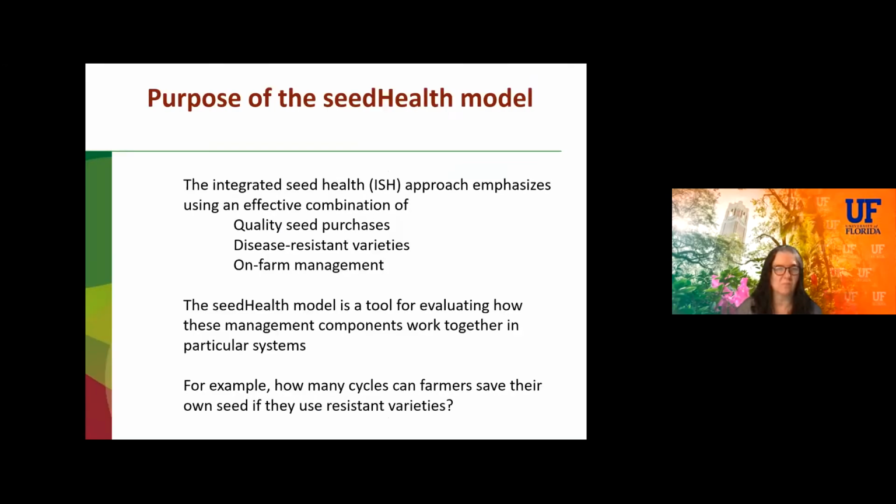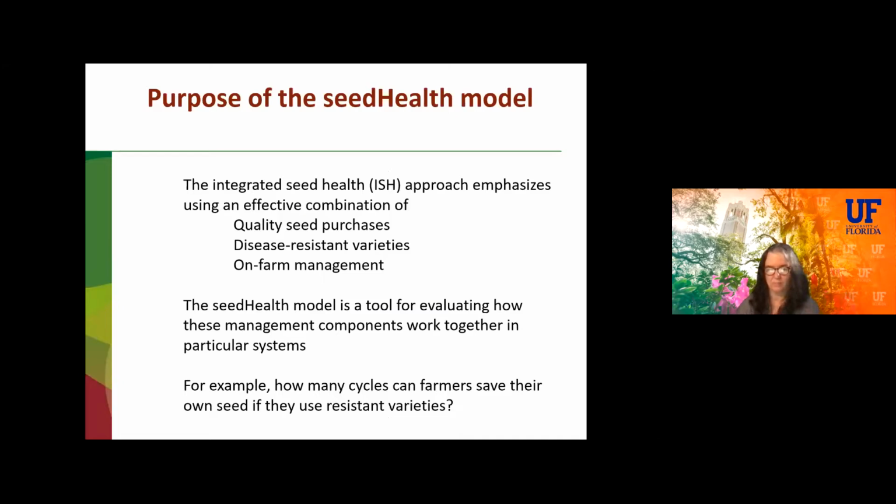So quality seed purchases, ideally of disease-free seed or quality declared seed, use of disease-resistant varieties, and on-farm management strategies such as positive selection or vector management, etc.